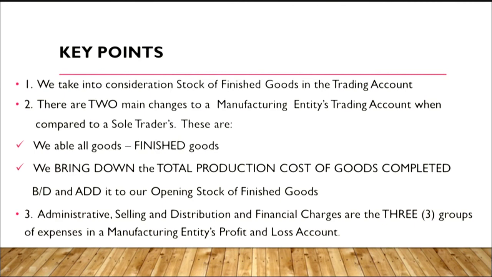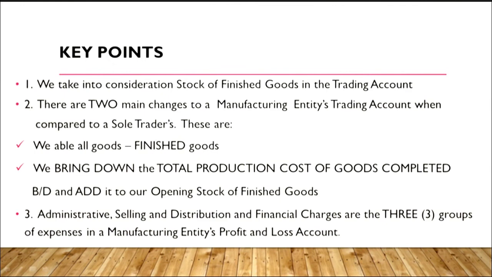These are: 1, we take into consideration our stock of finished goods. 2, we must remember to bring down the total cost of production of goods completed and add it to our opening stock of finished goods.